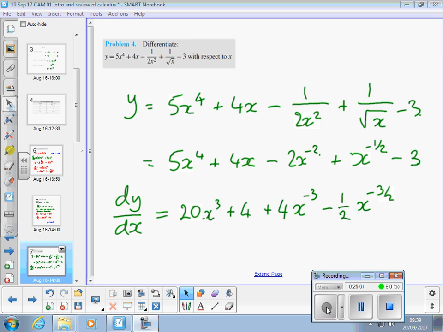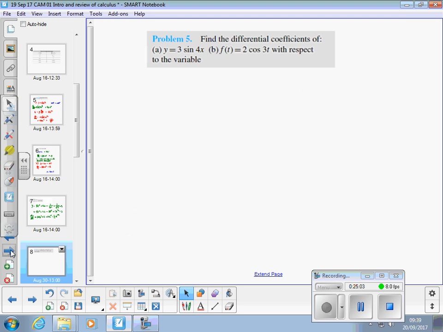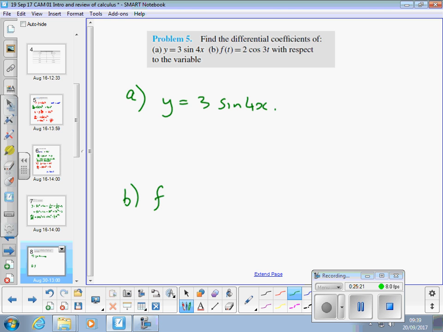Comfortable. So, find the differential coefficients of a, y equals 3 sine 4x and b, f of t, which is just another way of writing it, is equal to 2 cos 3t. So what's the entry in the table for a sine function?